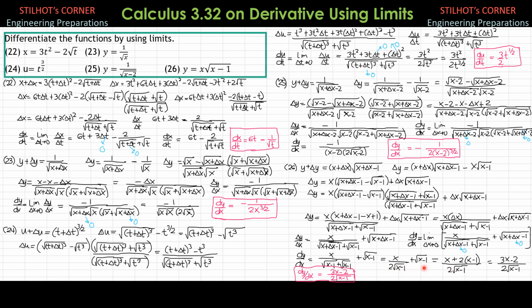So x plus 2 times square root of x minus 1 times square root of x minus 1 is 2 times the quantity x minus 1, over the LCD 2 square root of x minus 1. So x plus 2x is 3x. 2 times negative 1 is negative 2. So we have 3x minus 2 over 2 square root of x minus 1. That's the final answer. So dy/dx is 3x minus 2 over 2 square root of the quantity x minus 1.